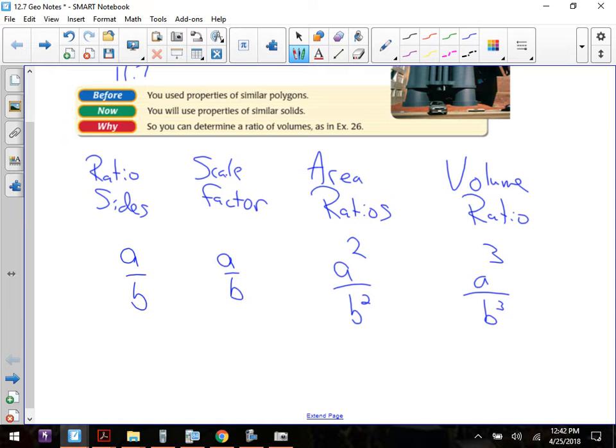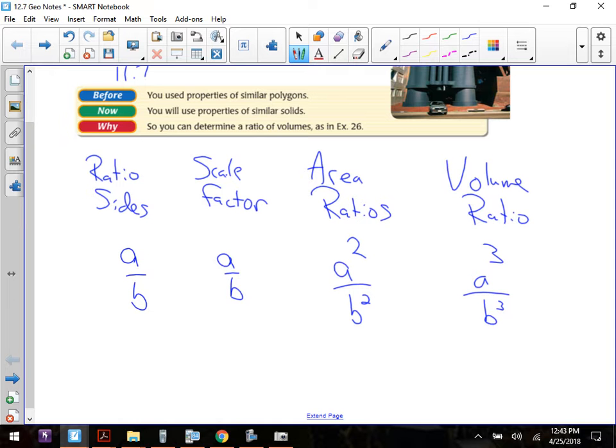Okay. So you've got your areas, A squared to B squared, your volumes, A cubed to B cubed. So if you've got a scale factor and you have to go to area, what do you do? Square it.